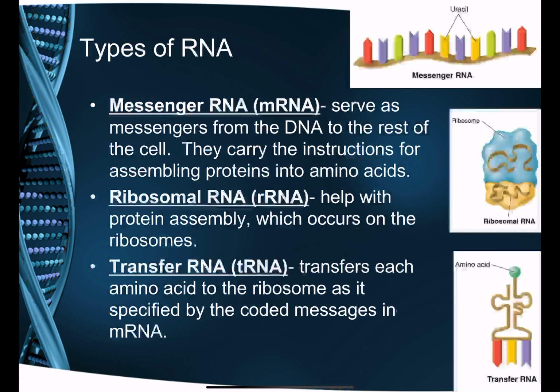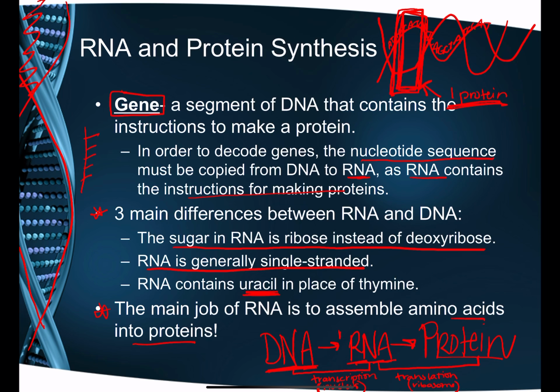So, when we talk about RNA, there's actually like hundreds of types of RNA, but we're only going to talk about 3 types of RNA. They're all really important. The first is the messenger RNA, and that's probably the most important one that we're going to talk about. When we're talking about this RNA here, that is the mRNA, the messenger RNA.